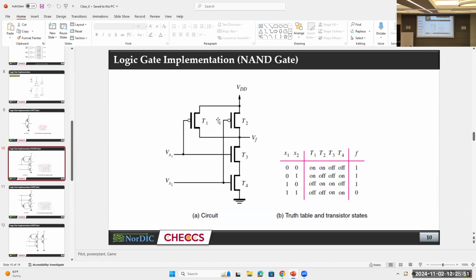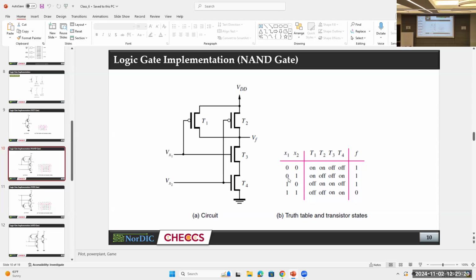For practice, just forget this table, take this circuit and complete the truth table, and you will see what the output is. Does it match the NAND gate truth table? You can do that. You have to go through the combinations as I've shown you.